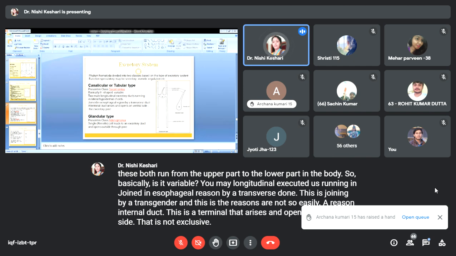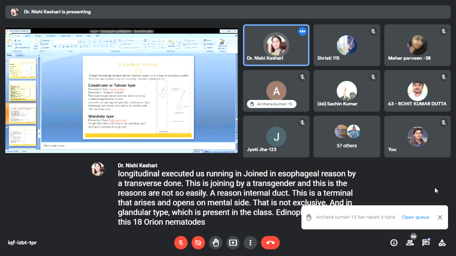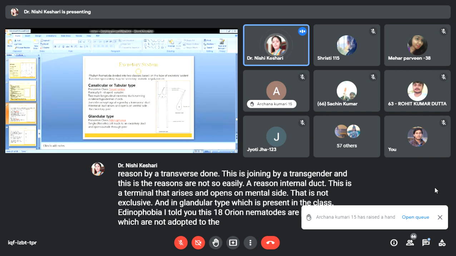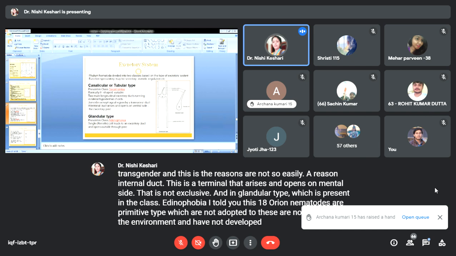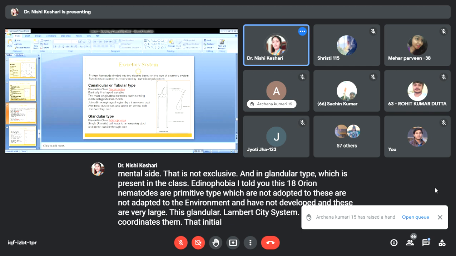And the glandular type, which is present in the class Adenophorea, I told you these nematodes are primitive type, which are not adapted to the environment and have not developed, and these are very large nematodes having this glandular type excretory system. So these are called lineate cells. The lineate cell leads to an excretory duct and opens outside.